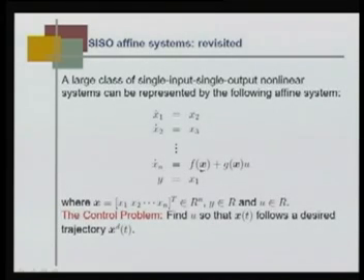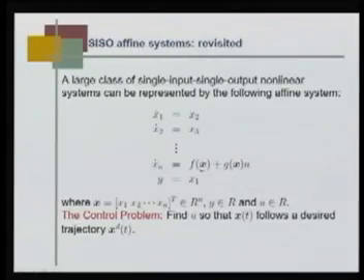Here u and y are single input, single output, belonging to the real line, and the control problem is to find u so that x(t) follows a desired trajectory x desired.